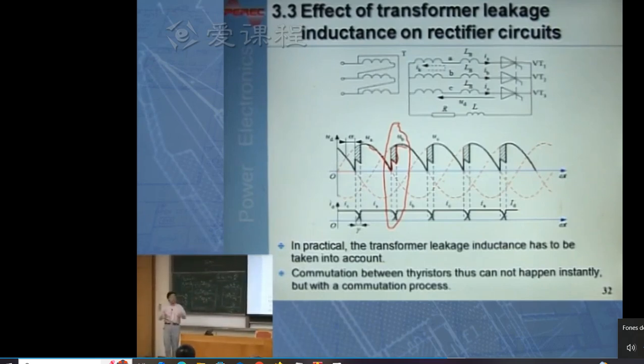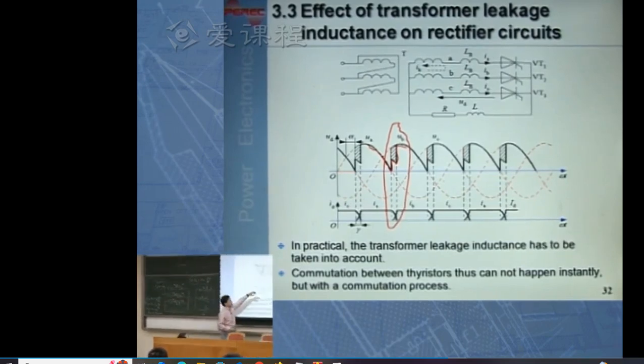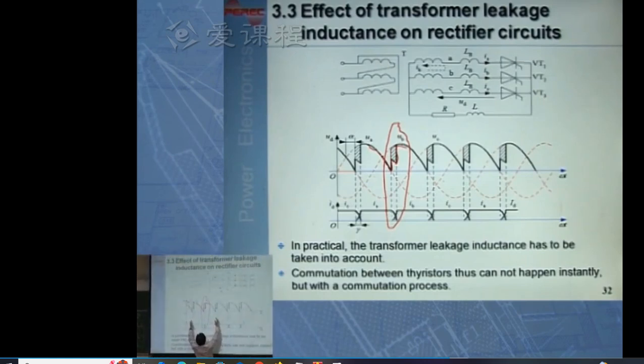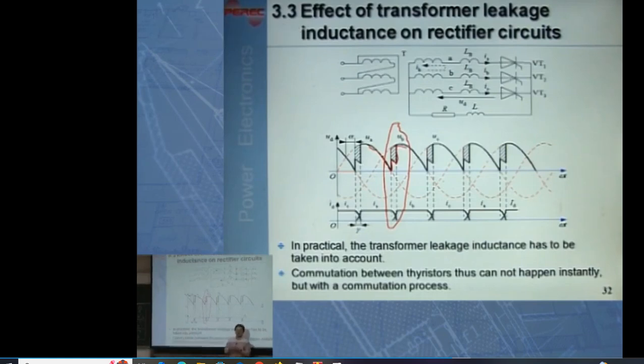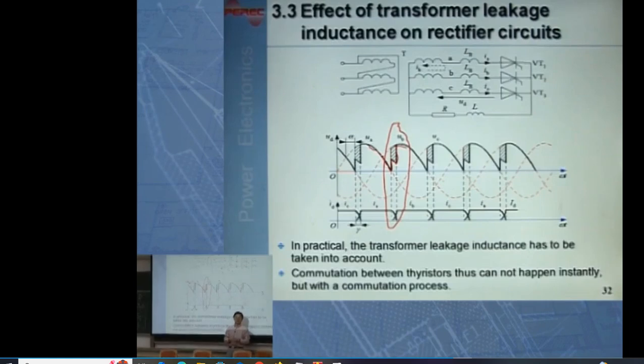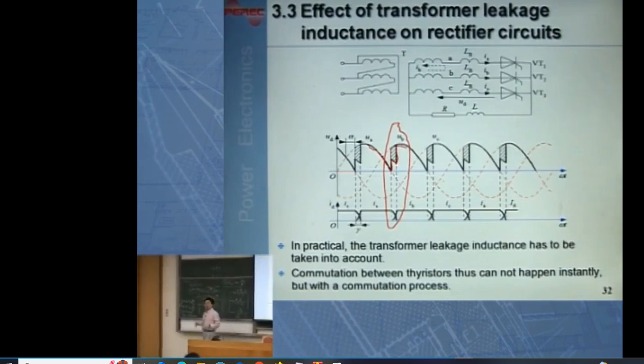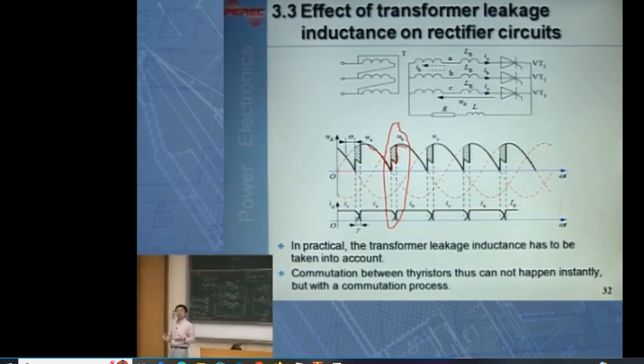If you calculate the average output voltage UD, in each cycle you are losing this shaded area. That means the average value of the output voltage will be smaller than the ideal case, and we can calculate exactly how much average output voltage you lose.